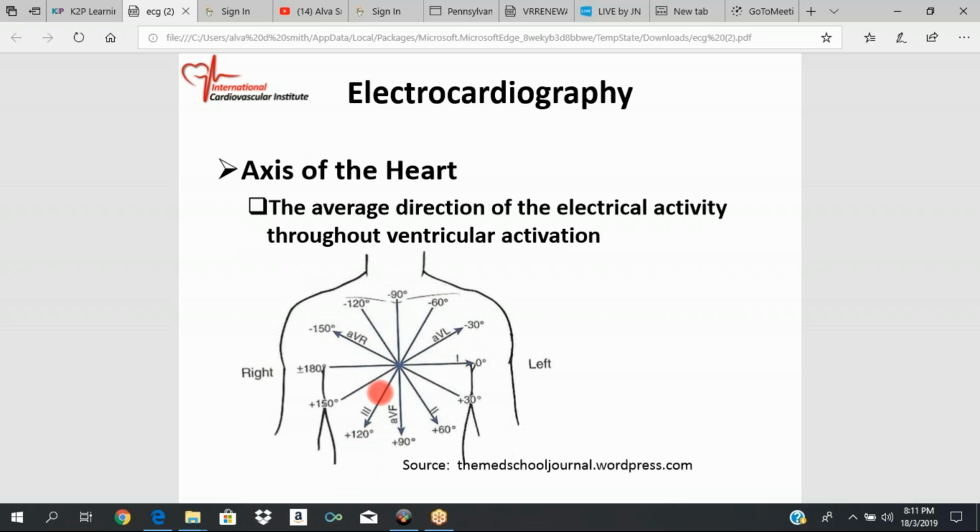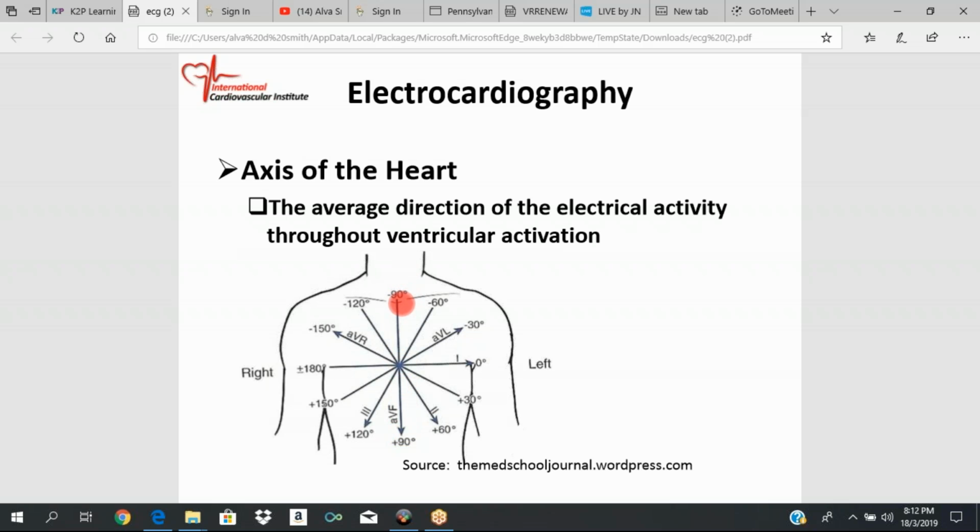Negative lead 3, you go in the opposite direction. It's minus 60. These two leads are complementary. The sum total of them is going to be 180 degrees. That is why if this is 60, this is 120. If this is 90, it's going to be 90.